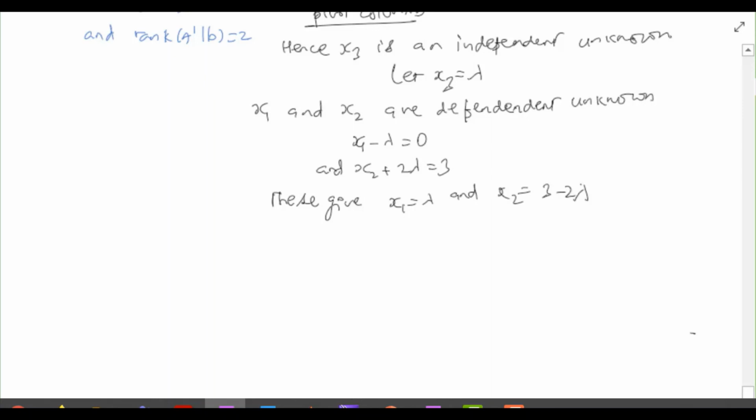Clearly, in this case we have infinitely many solutions. A general solution will be of the form lambda, 3 minus 2 lambda, lambda. Setting different values of lambda, we obtain different solutions.